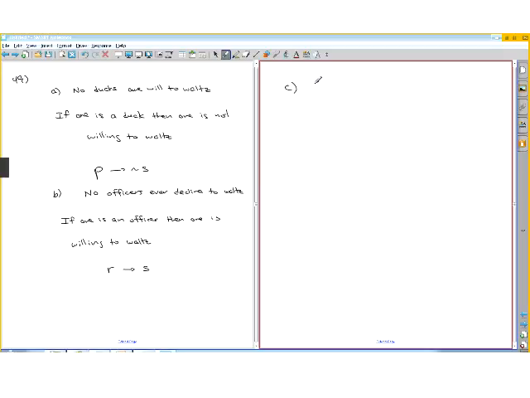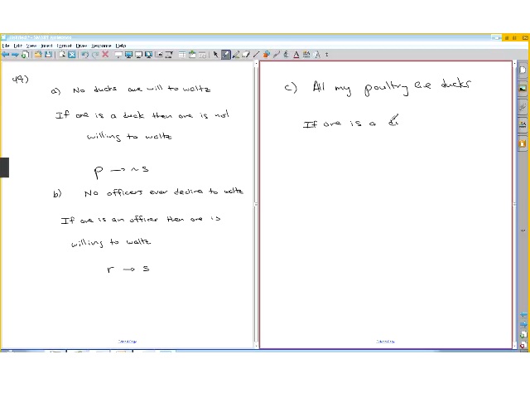Statement C is all my poultry are ducks. Okay, so if you are a duck, then you are poultry.